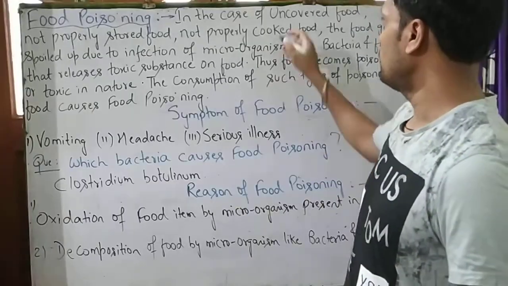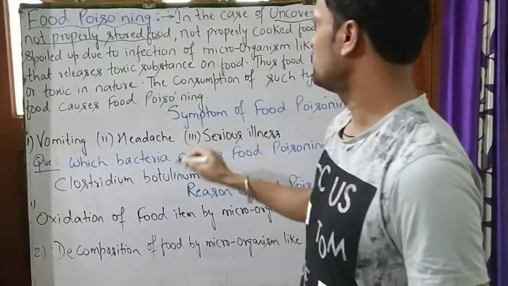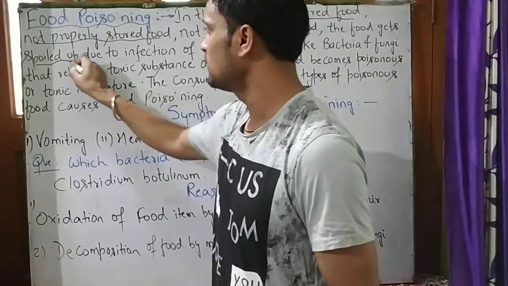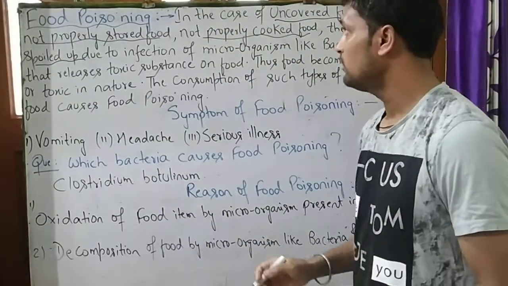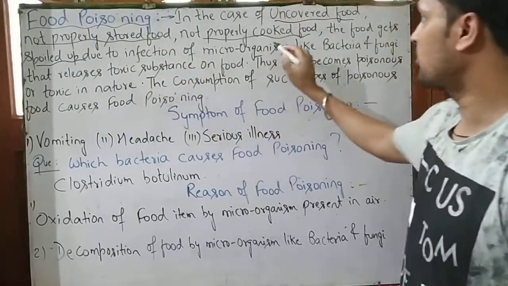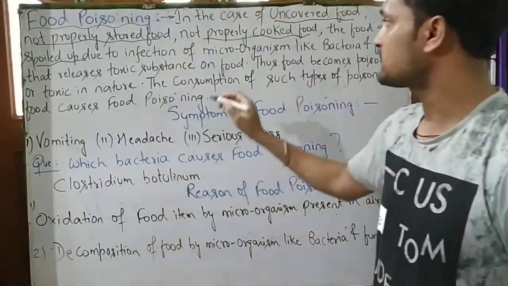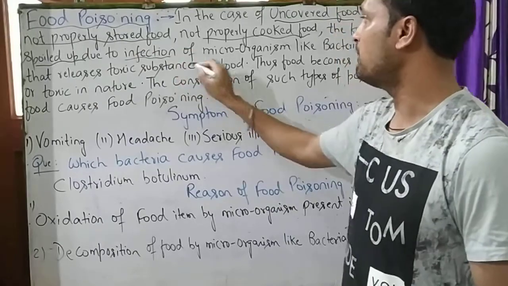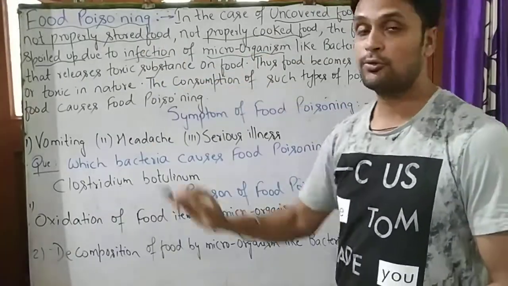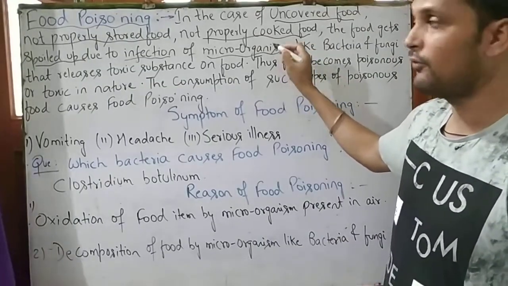In the case of uncovered food, not properly stored food, or not properly cooked food, the food gets spoiled. What we have studied till now is that such food gets spoiled due to the action or infection of microorganisms. Why does the food spoil? Because of the infection of microorganisms.